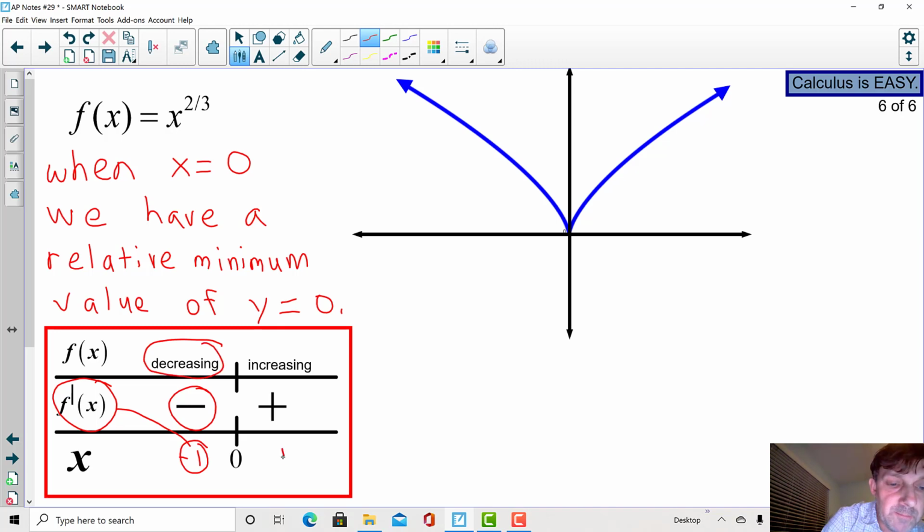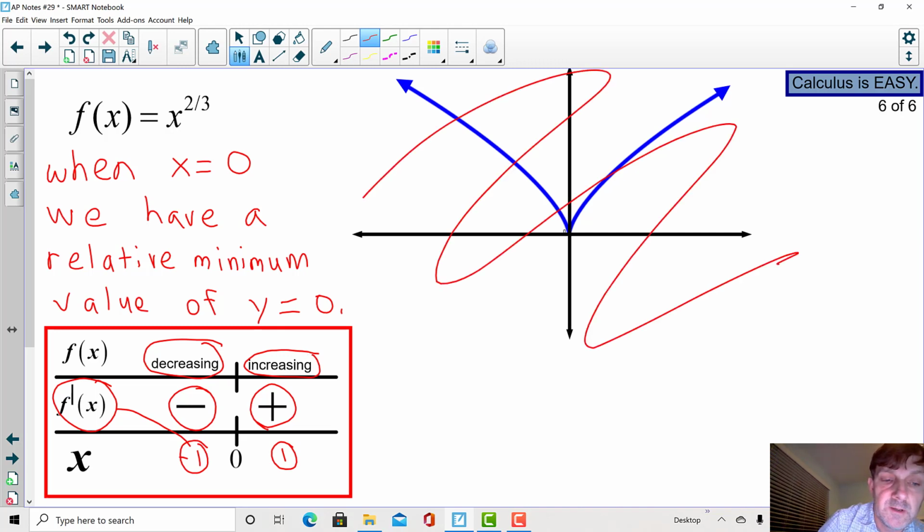Then over here, we might plug in a +1, anything to the right of 0. Plug it into your derivative. If you get positive, it means your original function is increasing. So we usually don't have the picture of the graph. But based on this chart, we know our function is decreasing until x equals 0, and then increasing afterwards. So there's probably going to be a minimum at x equals 0.